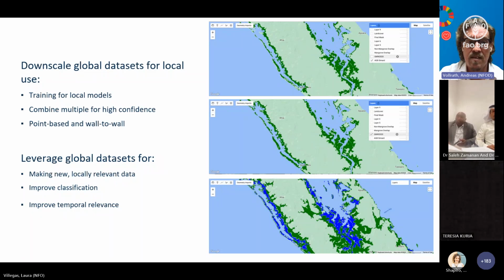And therefore we leverage global data sets such as Global Mangrove Watch, but also other data, and are able to improve classification. One important aspect is also the temporal relevance, because for the years of interest, there might not always be data available. In this case, we definitely rely on our own elaboration of data. Next slide, please.